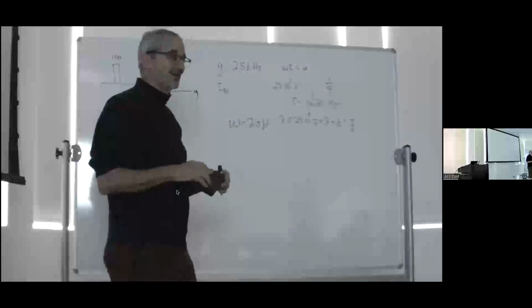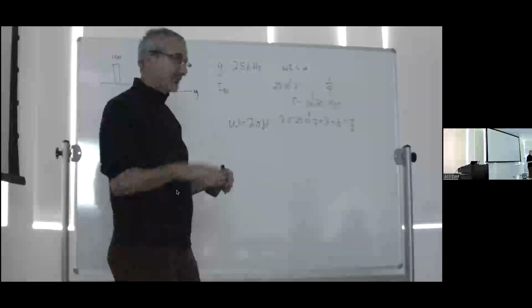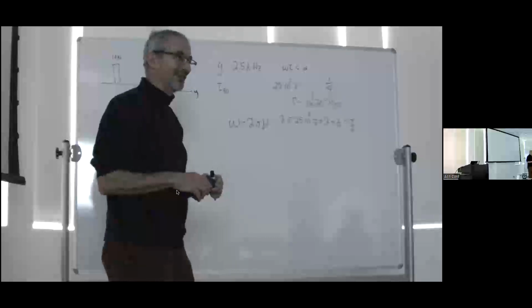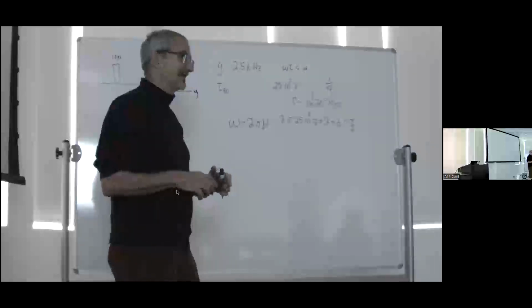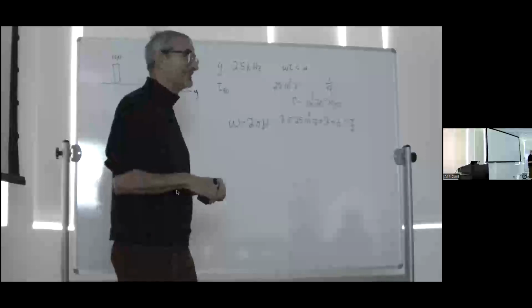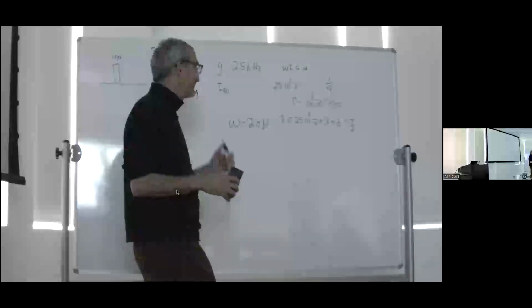If it does, either you've mistuned the probe or the probe is broken. So it's a very sensitive diagnostic of the health of the machine or your ability to tune.